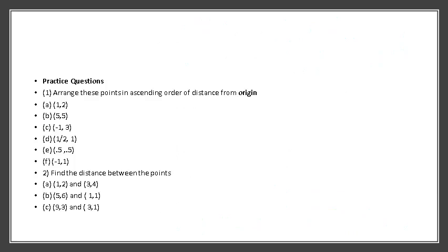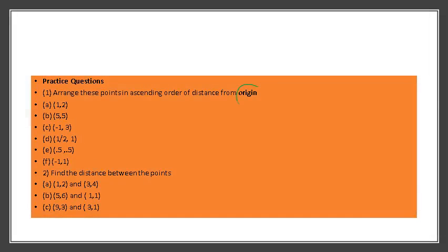Similarly, you can solve this type of question. Here the origin is there. What does origin mean? The coordinate point of origin is 0, 0. The other point is A, taken as the first part, 1, 2.